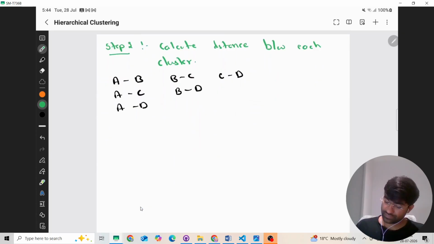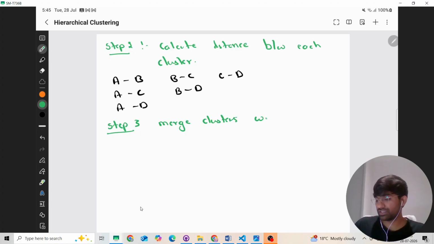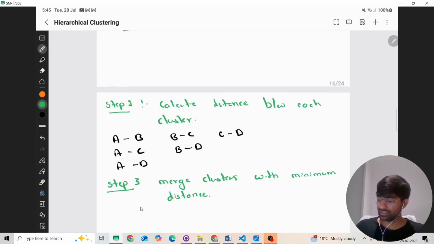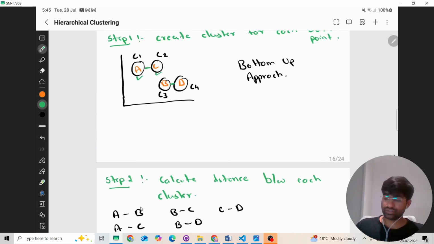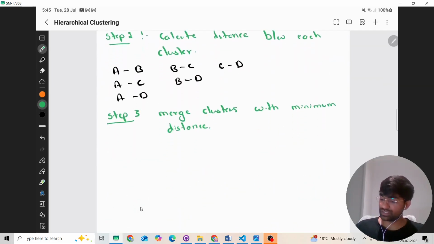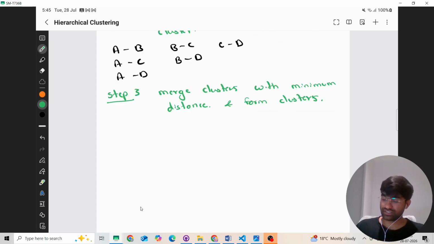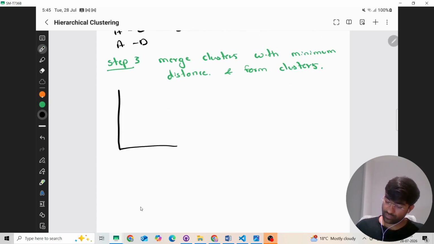So step 3 is merge clusters with minimum distance. These two clusters are close to each other, and these two clusters are close to each other. So it will merge those clusters with minimum distance and form new clusters.